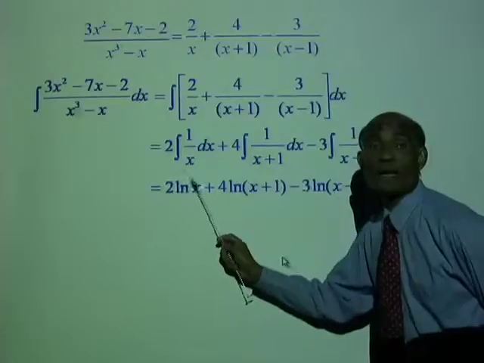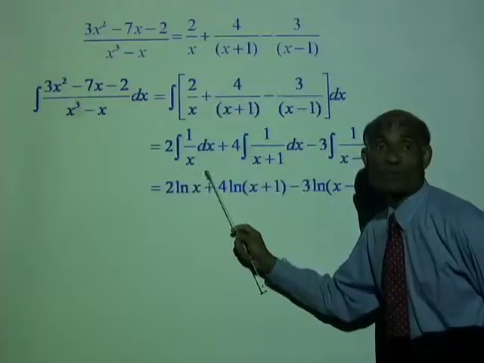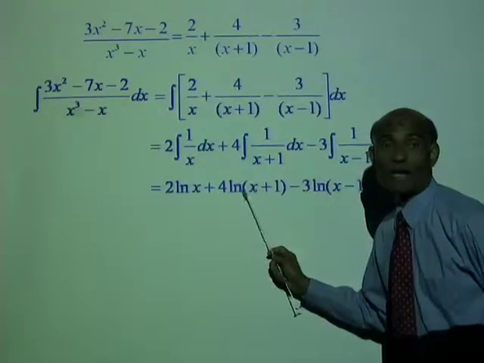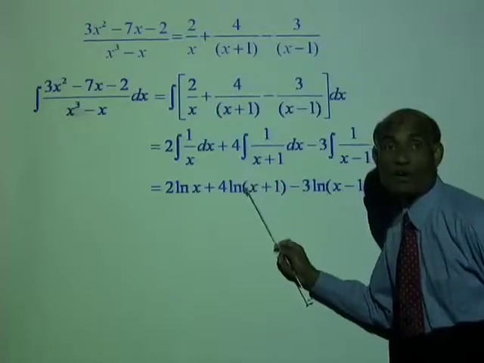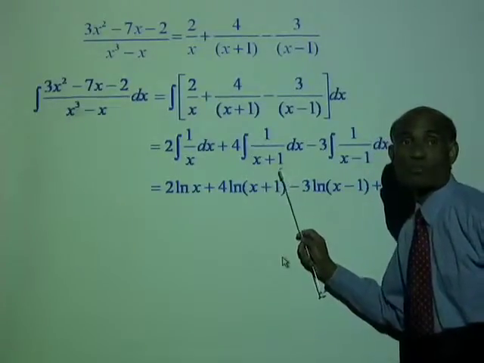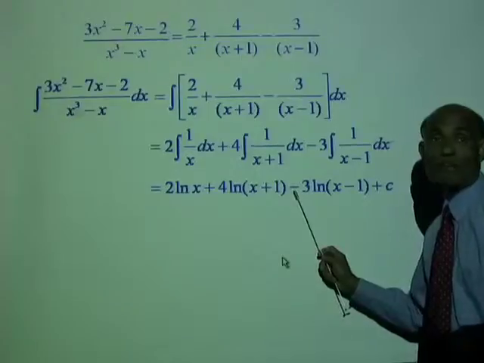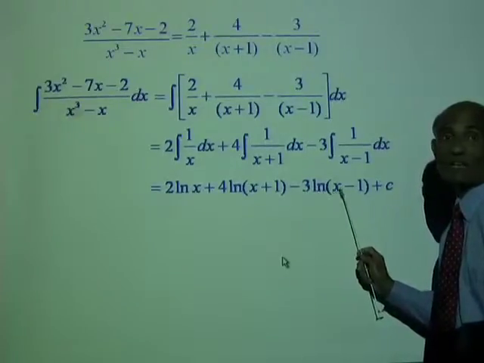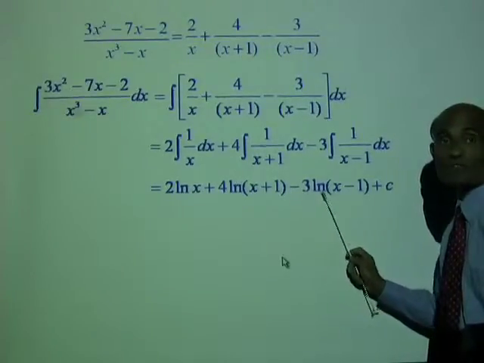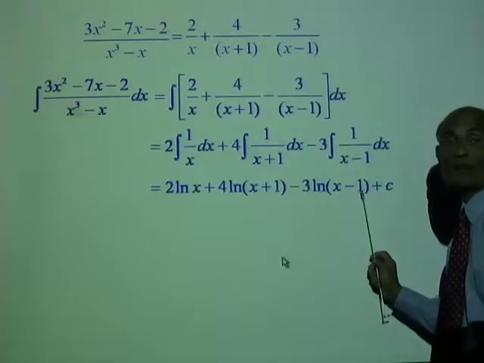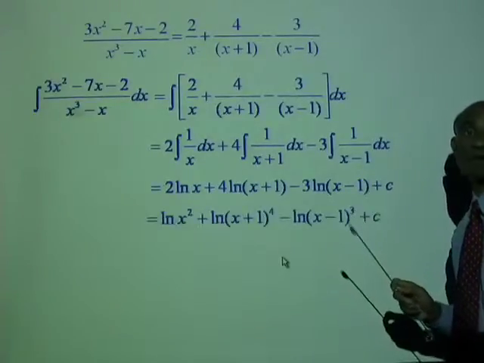And 2 ln x is ln of x squared. 4 ln x plus 1 is ln of quantity x plus 1 to the power of 4. And minus 3 ln x minus 1 is minus ln x minus 1 quantity raised to the power of 3.